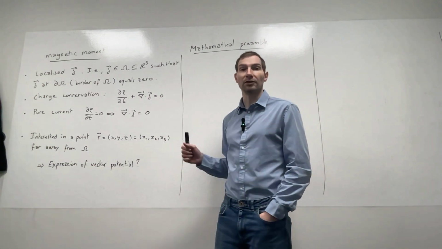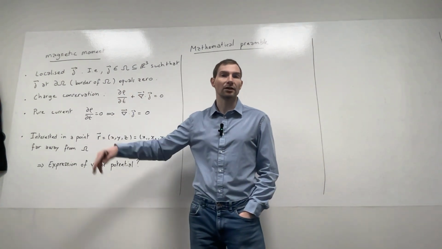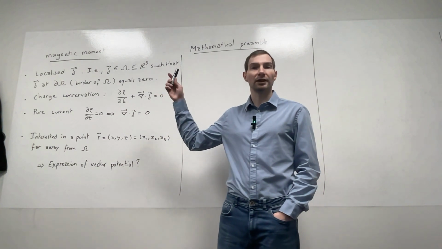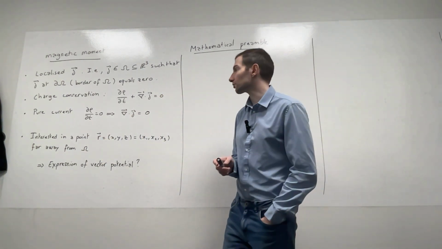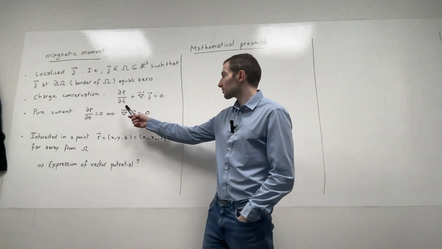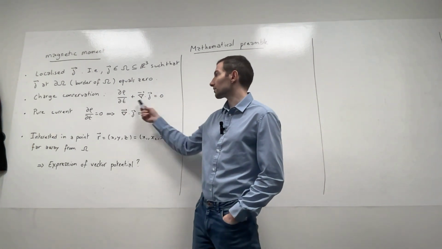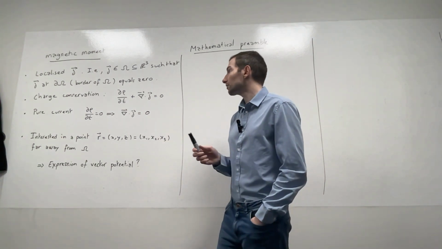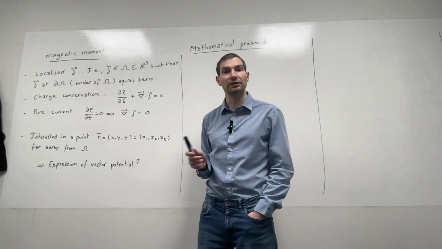If not, please don't hesitate to ask. If there's anything you don't understand or would like covered in some shape or form, I'm happy to go through it. That's the traditional differential manner of characterizing charge conservation, and I will probably do at some point a video on how to derive that quantity.